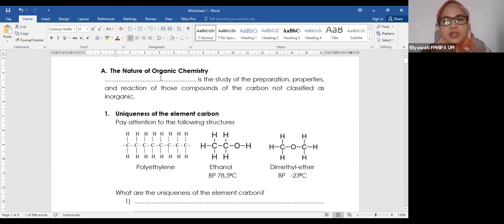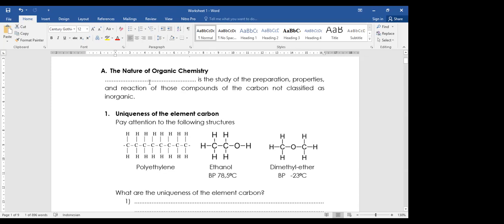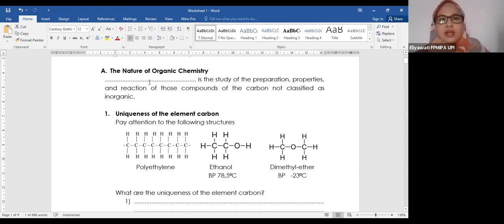The answer is organic chemistry. Simply put, organic chemistry is the study of organic compounds, their reactions, composition, and also structure.